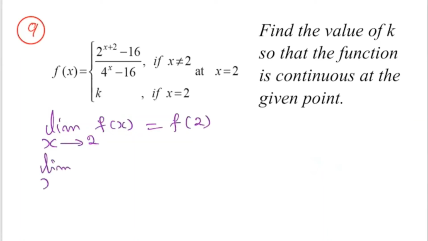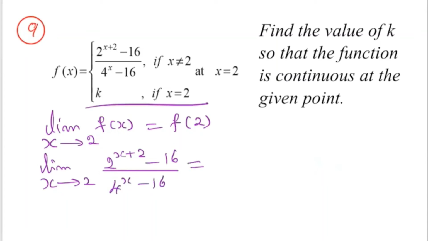That is limit of x tends to 2, f of x is 2 power x plus 2 minus 16 upon 4 power x minus 16, equal to f of 2, which is k.